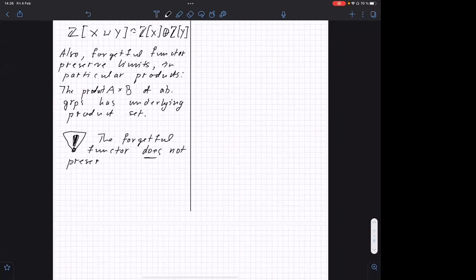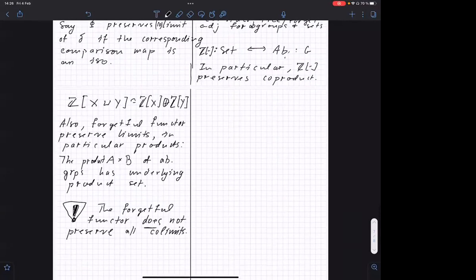Can anyone think of a colimit? So it preserves limits, but not colimits. Can anyone think of a colimit that it does not preserve? So an example where there's a colimit of abelian groups, which is not the same as the colimit of the underlying sets.